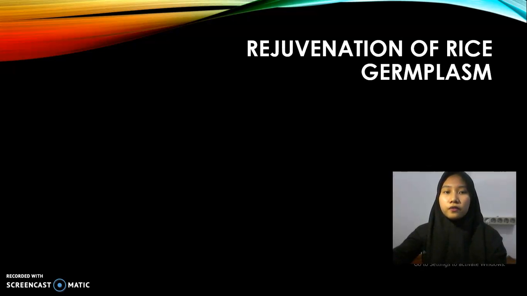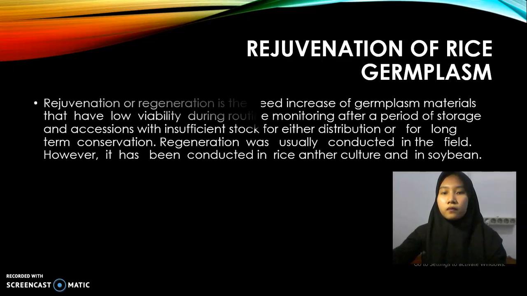Next is rejuvenation of rice germplasm. Rejuvenation or regeneration is the seed increase of germplasm materials that have low viability during routine monitoring after a period of storage, and accessions with insufficient stock for either distribution or long-term conservation.